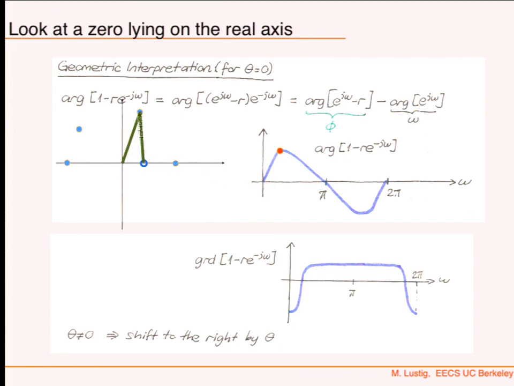As you move in, you get to some inflection point, which is at this point where the angle becomes maximum, and then the angle decreases back to 0. So that's basically the idea. Low frequencies would then, in this case, be advanced. Depending on if it's a pole or a zero, it will either be advanced or be delayed.